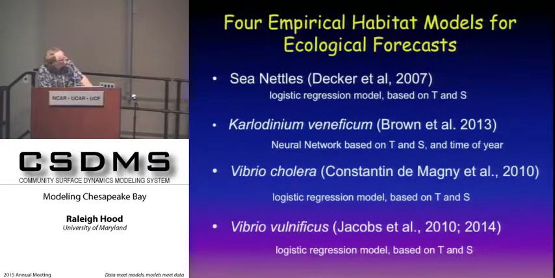That's actually a neural network model based on temperature and salinity and time of year. And we also can simulate two species of Vibrio, the famous Vibrio cholerae, and also a less famous but actually more concerning Vibrio vulnificus in the Chesapeake Bay. And these are also both logistic regression models that are driven by hydrodynamically modeled temperature and salinity fields.